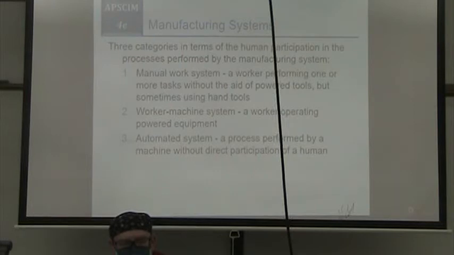Manufacturing systems. We have three categories, and it depends on how much humans are involved, how we categorize them. A manual work system has a worker performing one or more tasks without powered tools, but sometimes using hand tools.